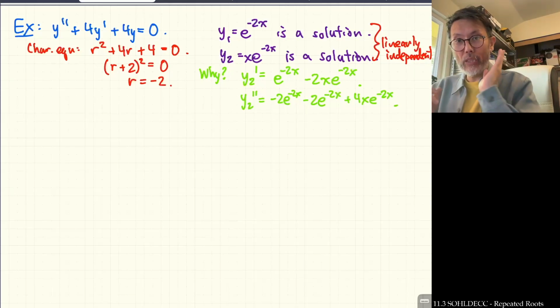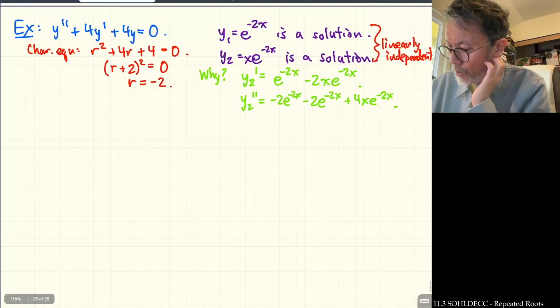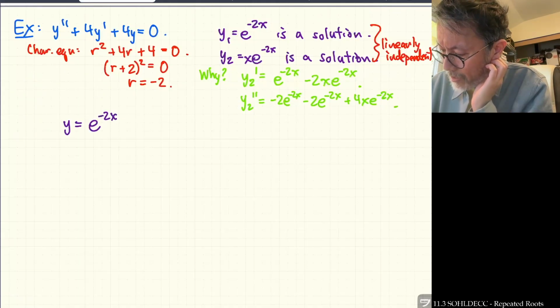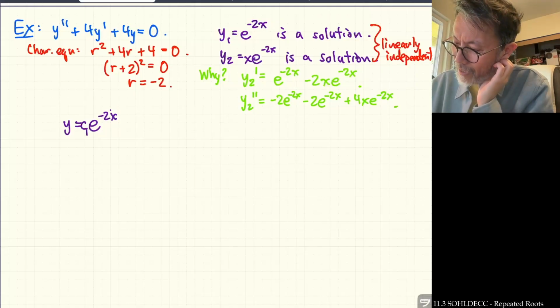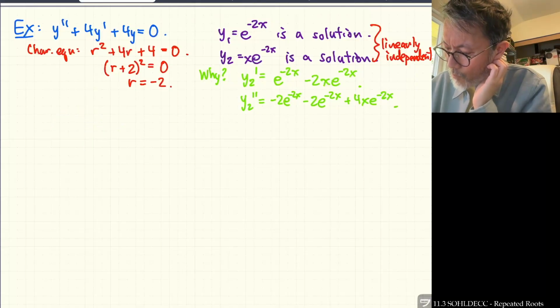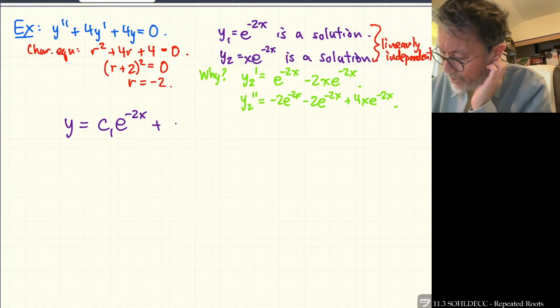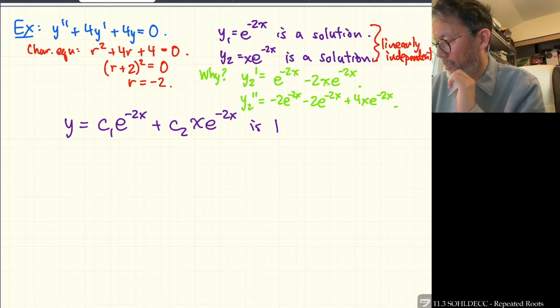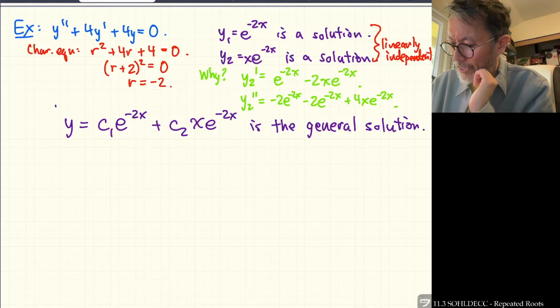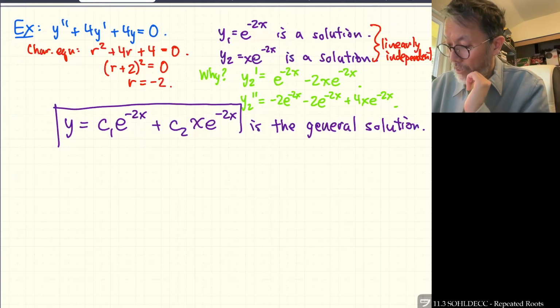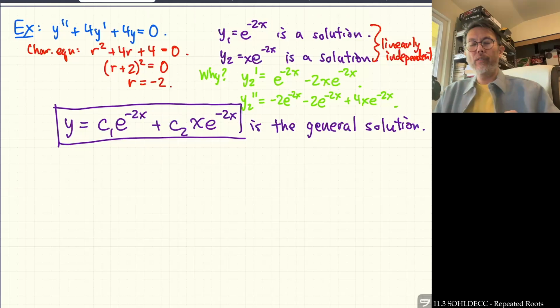Okay, now if you believe all of that, which you should because it's true, then you learn that y is equal to e to the negative 2x plus the c1 in front. Okay, let me do it again. y equals c1 e to the negative 2x plus c2 x e to the negative 2x is the general solution. And this follows, again, from the theory that we established for linear second-order differential equations.